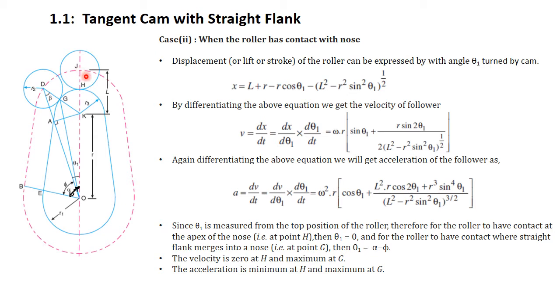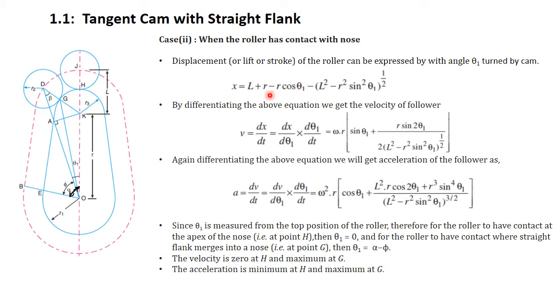So in that case, the displacement x is given by this equation, that is x is equal to L plus R. Now you know that at maximum displacement, x is equal to R plus L. So it is measured in the opposite direction. That's why theta is measured in the anticlockwise direction. So the maximum displacement is L plus R. Now as theta moves from J to D, displacement decreases.